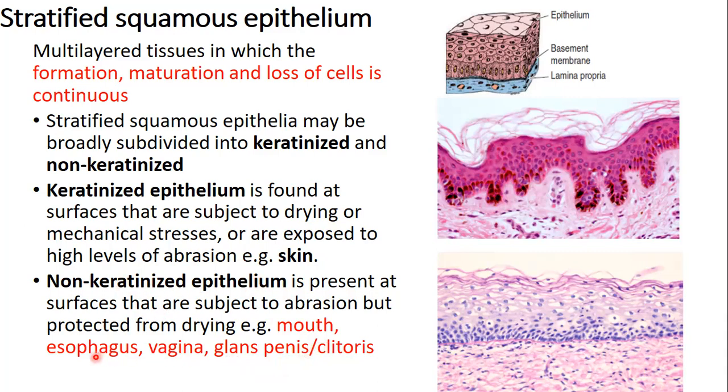The vagina, the esophagus, and the mouth. Okay, these are internal organs, so they are already protected from drying. So they don't need keratin, and therefore they have non-keratinized stratified squamous epithelium, meaning the flat cells in the superficial layer here do not have keratin in the cytoplasm. And you see where to find them: mouth, esophagus, vagina, glans penis, and clitoris. Keratinized one is skin.